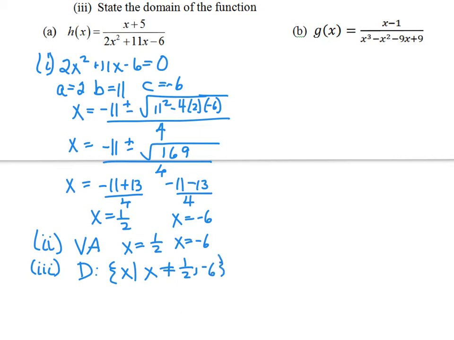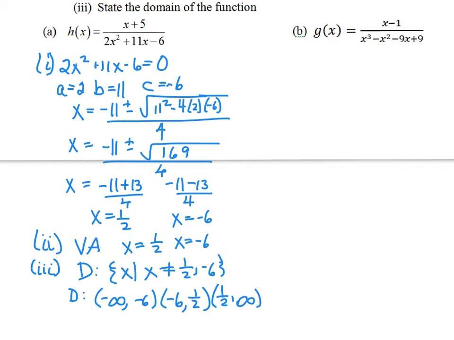Now if I set that up in interval notation, that means I would be looking at a number line and I would say the domain would be the set going from negative infinity to negative 6, and then the set going from negative 6 to 1/2, and then the set going from 1/2 to positive infinity, just not including those numbers negative 6 and 1/2.